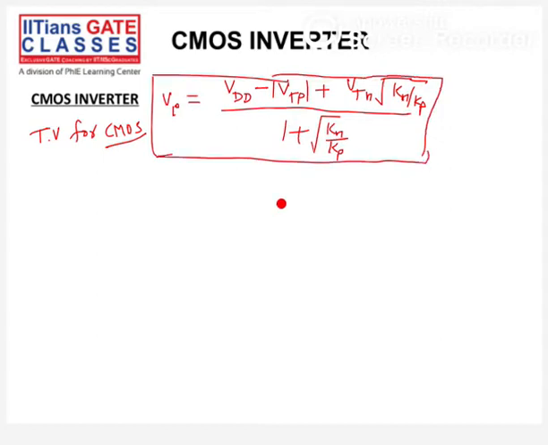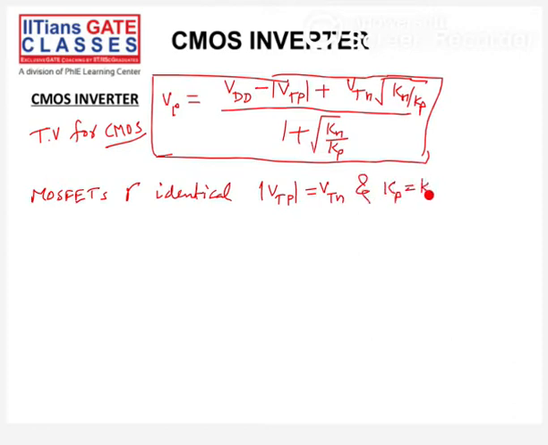So if two MOS transistors, if they are identical, we can say if MOSFETs are identical, in that case what will happen? Mod of VTP will be equal to VTN and Kp will be equal to Kn.